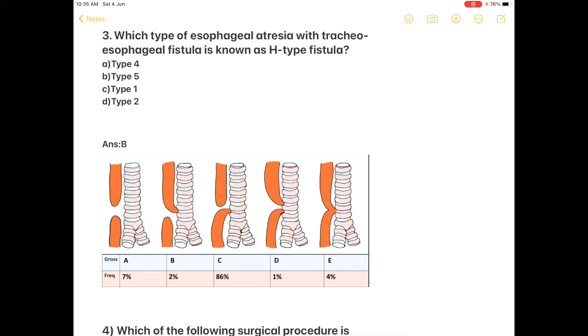As you can see, there is no connection between the proximal and distal part of the esophagus. That is called esophageal atresia.